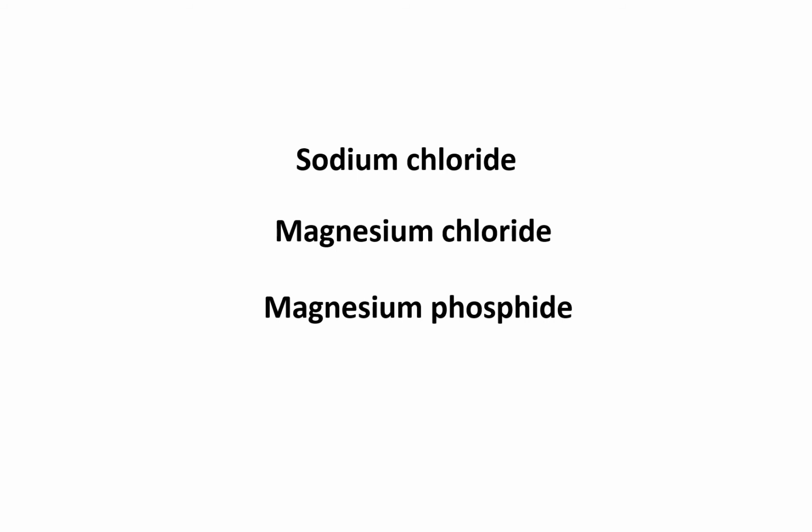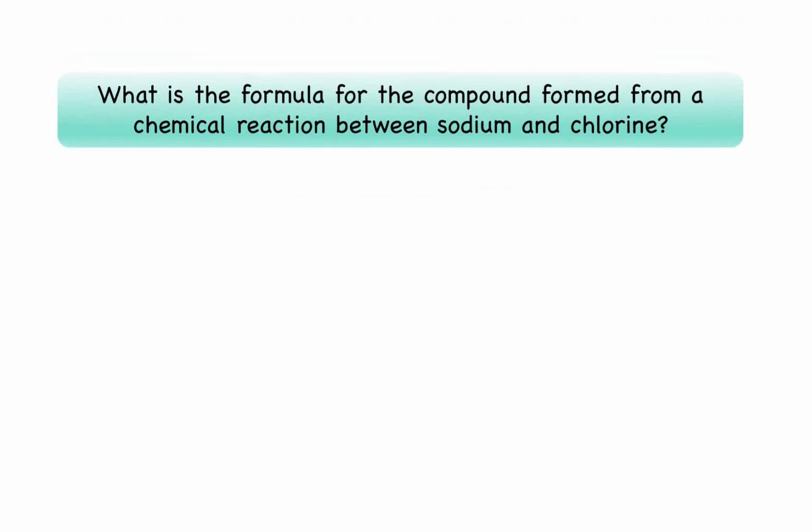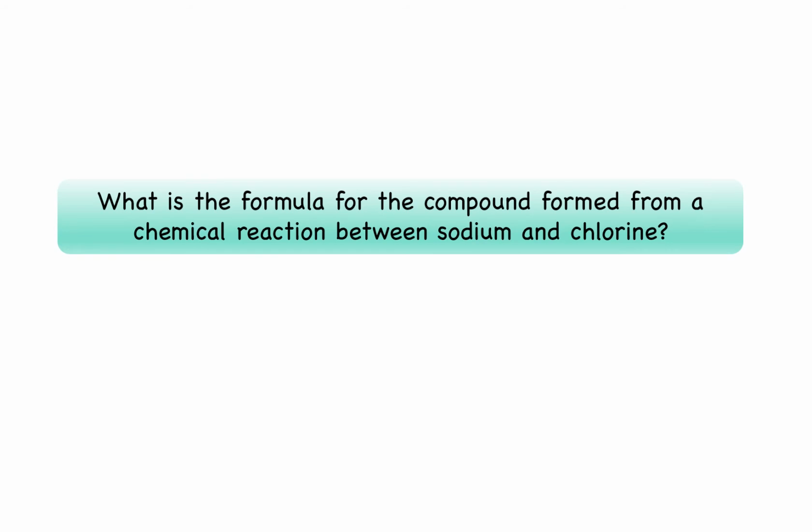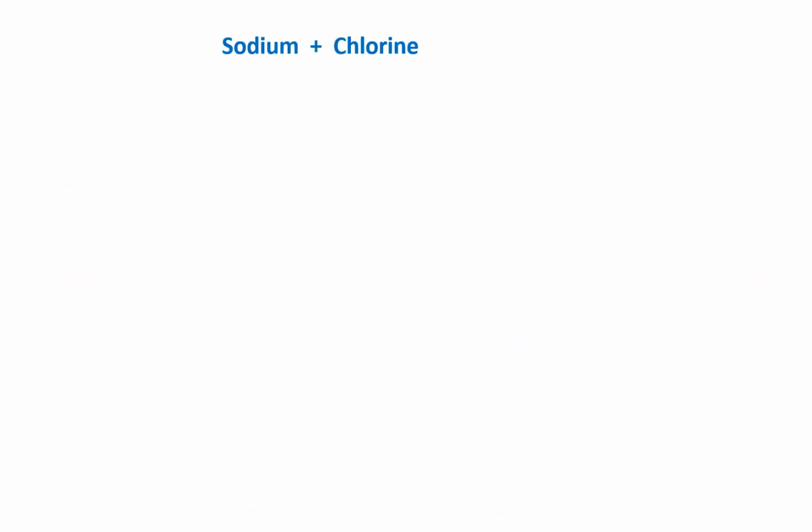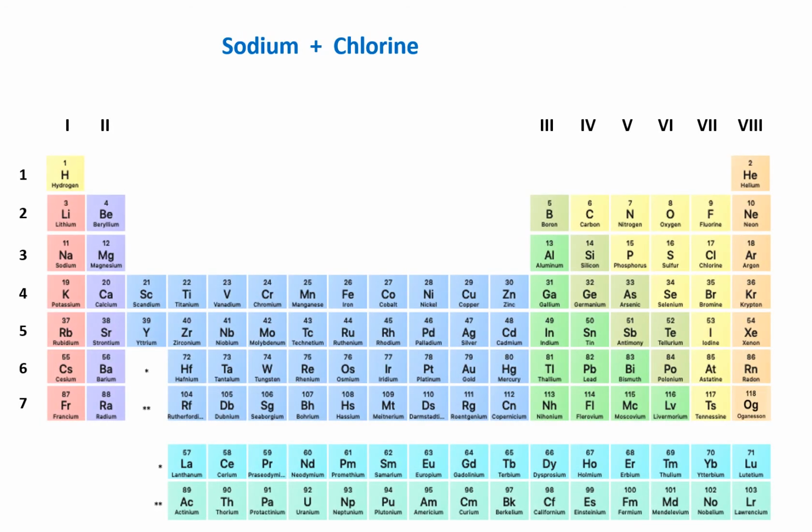We'll start with the first example, sodium chloride, and ask the question, what is the formula for the compound formed from a chemical reaction between sodium and chlorine? Using the periodic table, we find the location of the elements.